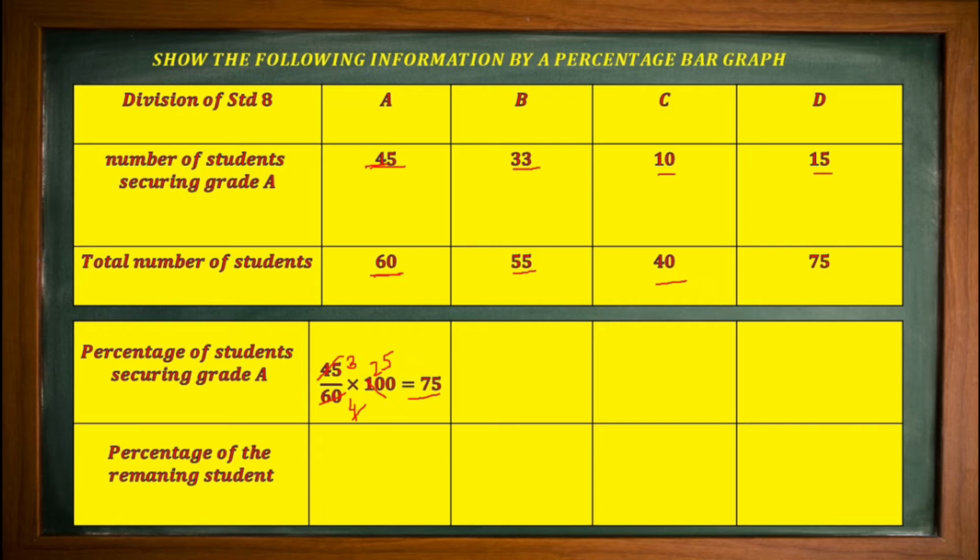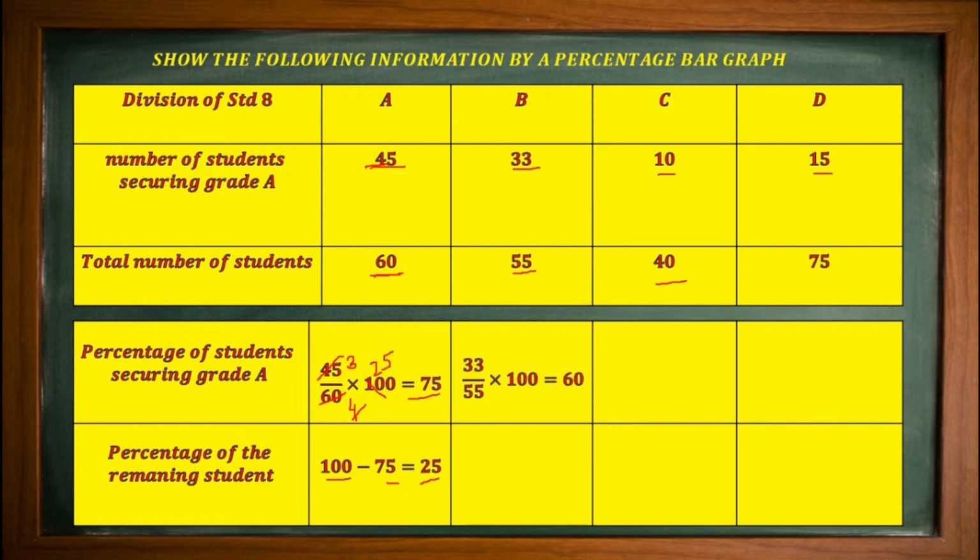So 75% in division A. How many students are remaining? 100 minus 75 is 25, so 25% are remaining without securing the A grade. Like this we are supposed to do B, C and D divisions also.